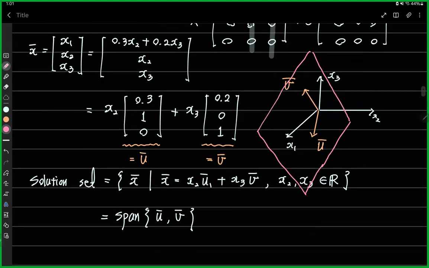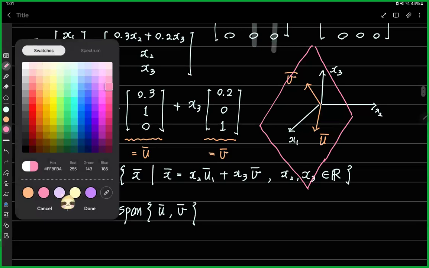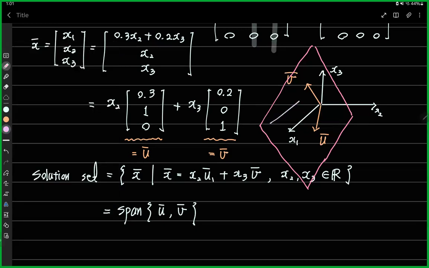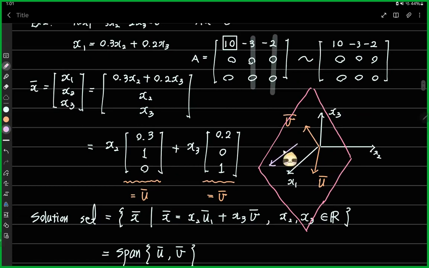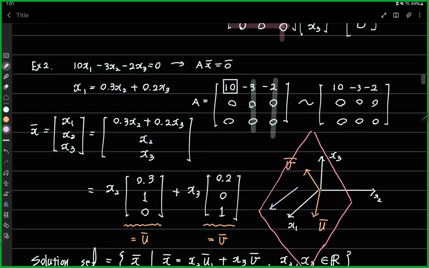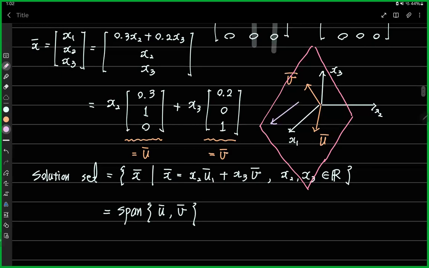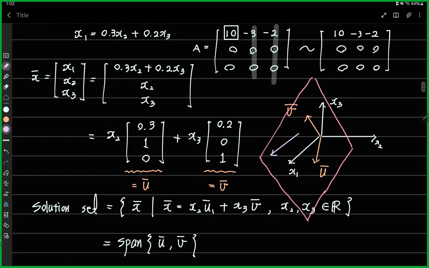Let's say this is a vector on that plane. Then put this one into that equation, and the equal sign must be satisfied, which means that vector is a solution of this equation. So likewise, from here we can figure out or sometimes visualize the solution set of the system.